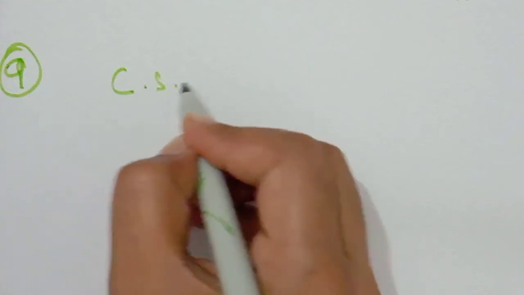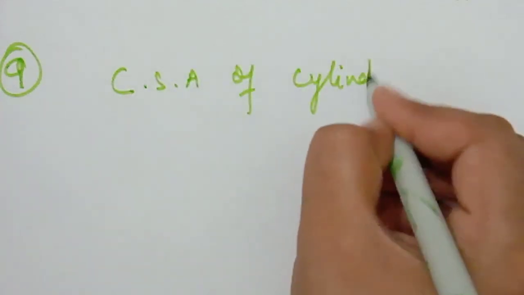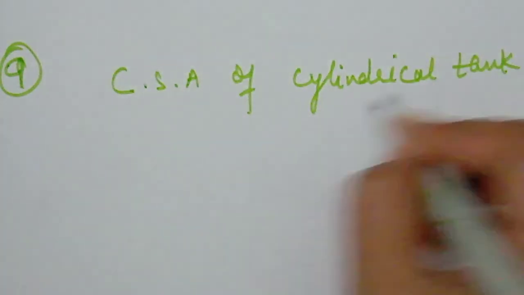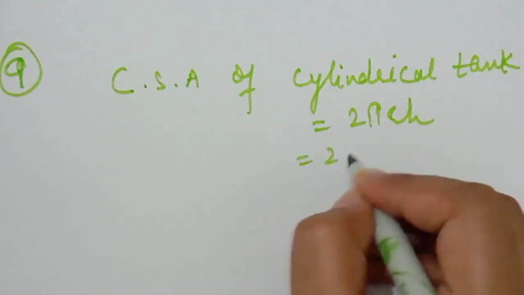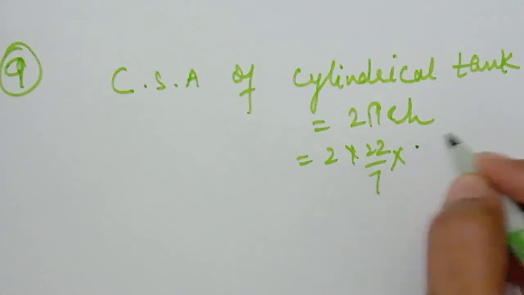It means we have to find the curved surface area of the cylindrical tank, which is again 2 pi RH, so 2 into 22 upon 7. Radius is already given to us.